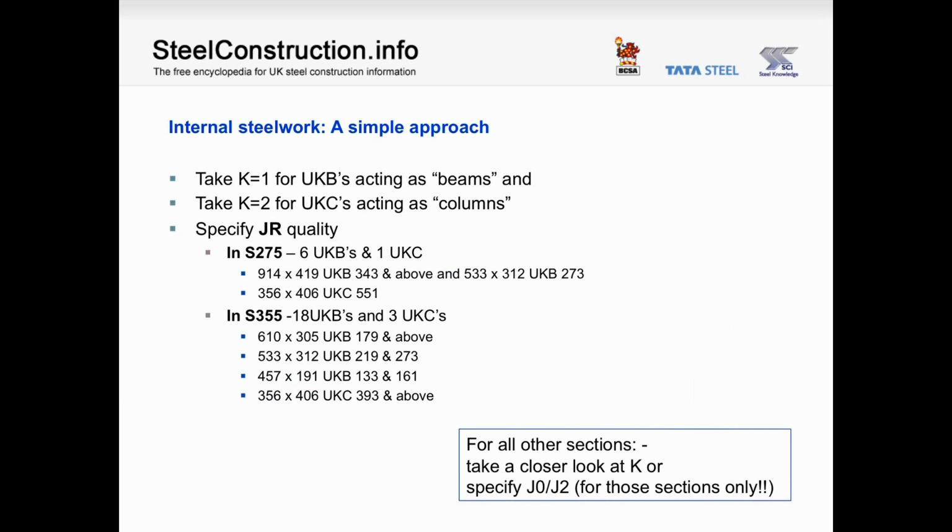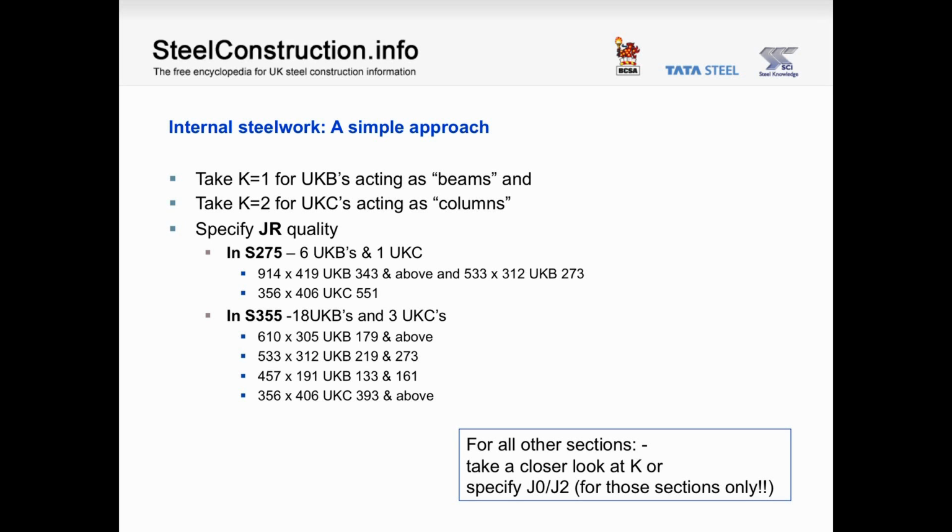These next few slides try to get a handle on this issue and identify when we need to focus our attention on subgrade selection. We're going to make some simplifying assumptions, so it's a relatively crude assessment. Let's consider internal steelwork first. If you cast your mind back to our simply supported beam, we had a minimum K factor of 1.5.